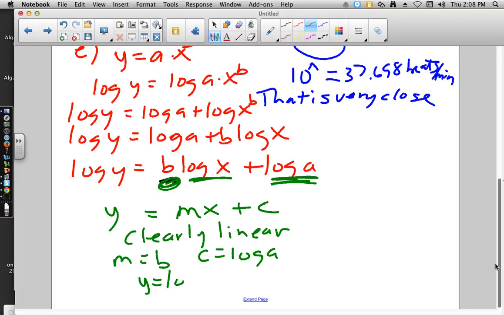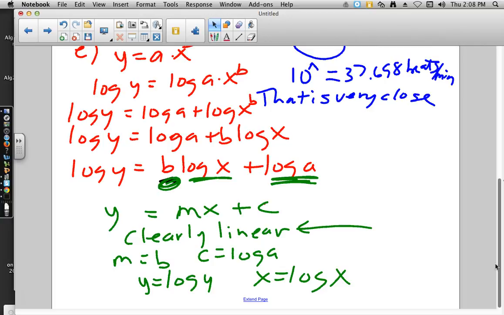Y is now equal to the logarithm of y, and x is equal to the logarithm of x. But this is clearly linear. We did not suddenly come up with an x squared or some kind of power for our model. It's still just y equals mx plus b. We can see that when we tear it apart. That's the end of that one.